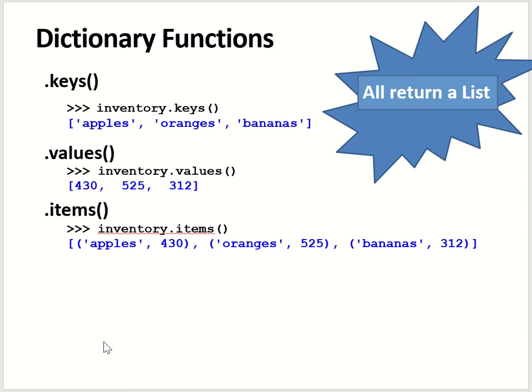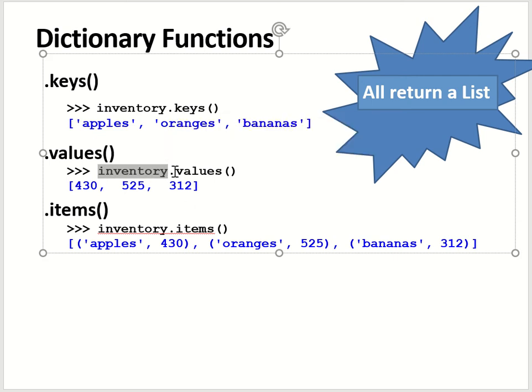As for methods or functions that are built in to act on dictionary objects, you can call the keys method, which will print out a list or return a list, I should say. It doesn't necessarily print it out. It will return a list of all the keys present in a dictionary. Dot values, so you would write the name of the dictionary variable, dot values, will return a list of all the values.